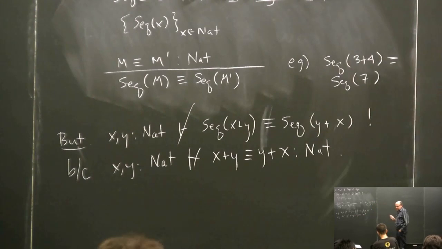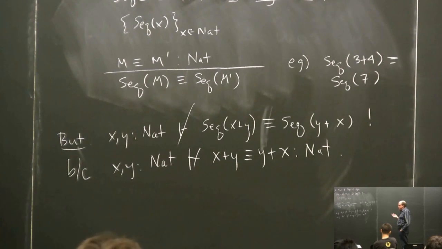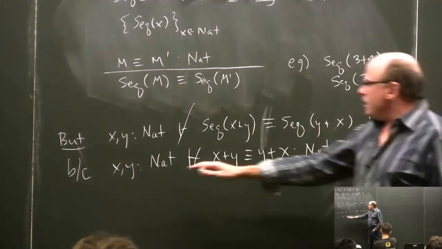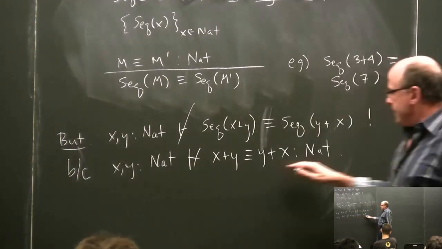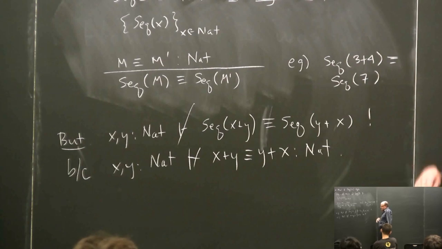I just asserted that because it is a true fact about the rules we gave. I haven't proved that, but the thing you might reasonably puzzle over is, if we had something like the eta rule for the natural numbers type, which says something that behaves like the recursor is the recursor, why can't I use that?